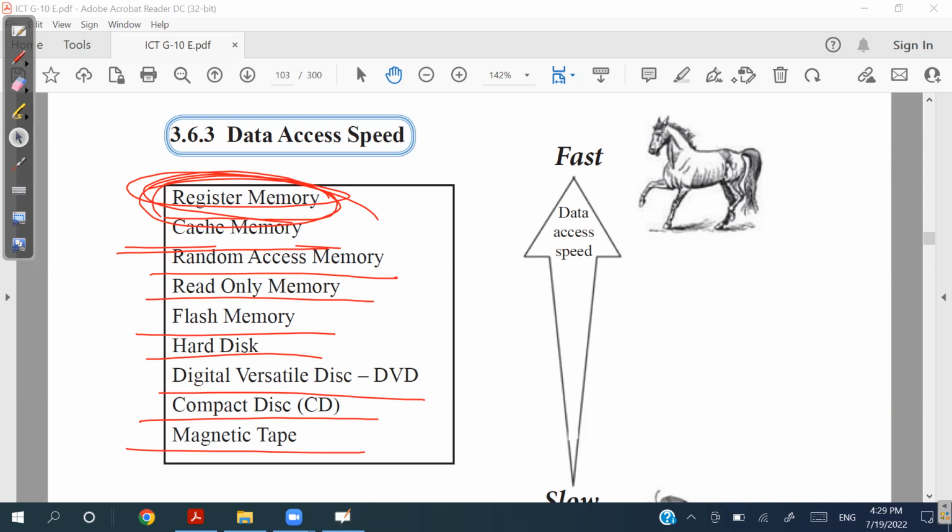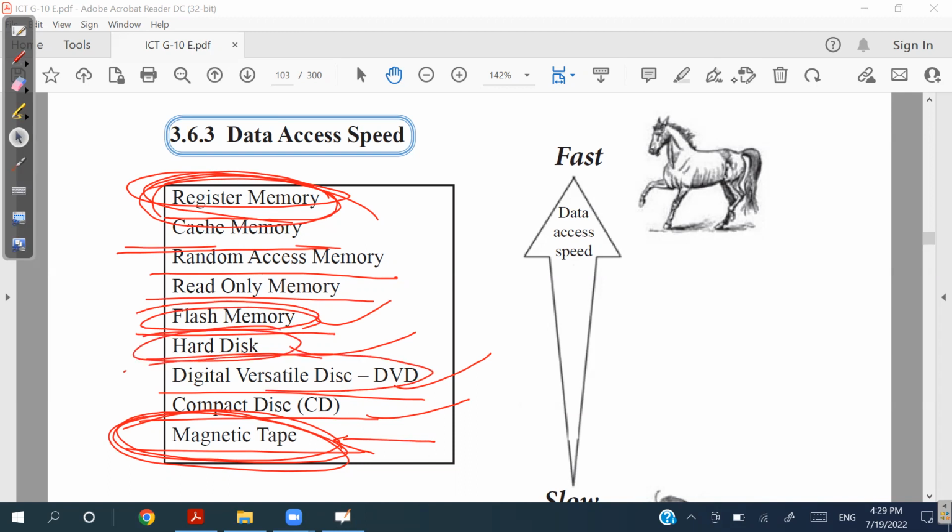According to this, the magnetic tape has the slowest access speed. Slower access speed means that if you are going to read something from that memory, it will take more time. But with modern computers, we won't feel it is very slow, because what we work with is flash memories, hard disks, DVDs, and CDs, not the magnetic tape. Out of these four, we have experienced that flash memory is much faster when accessing something.